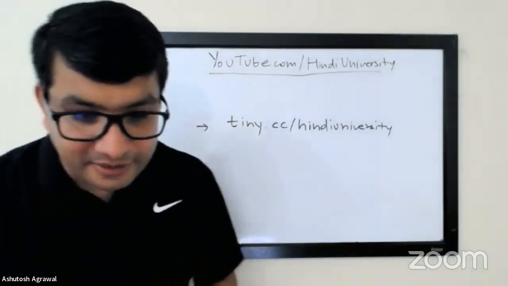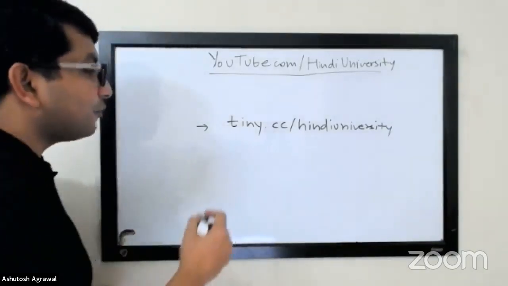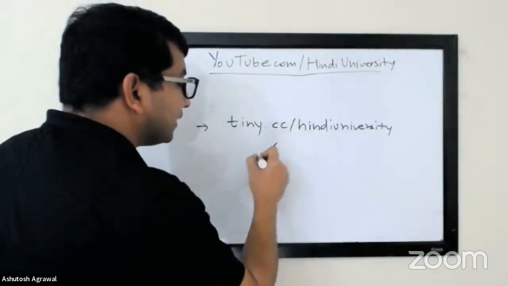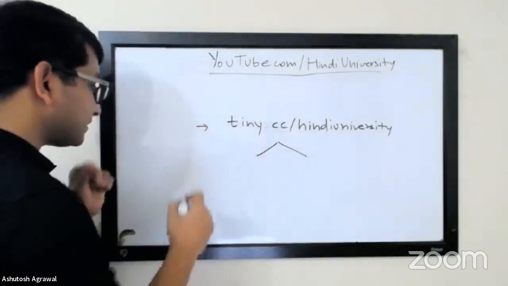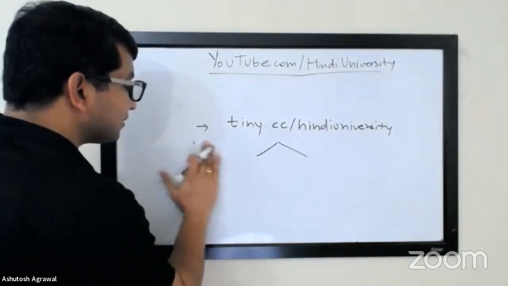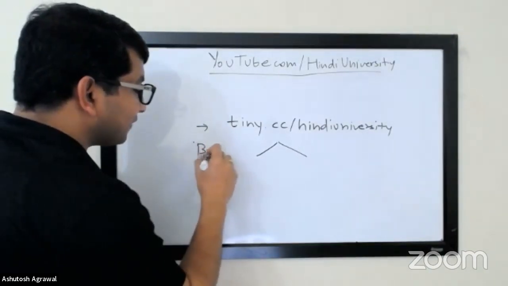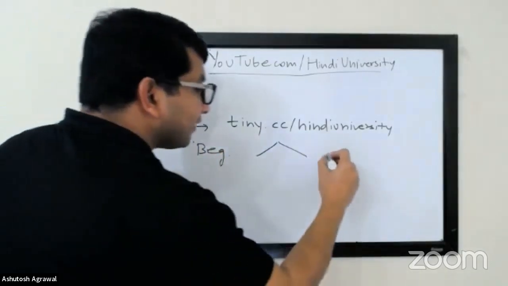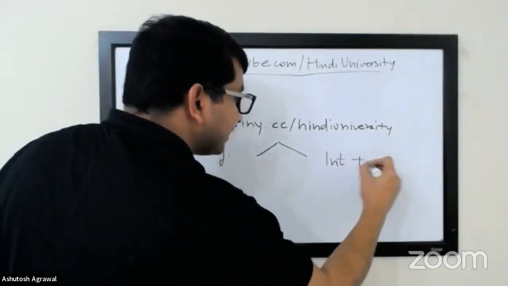As you know, we've been covering two parallel tracks. The first half of the class is for complete beginners, and the second half is for intermediate and above.